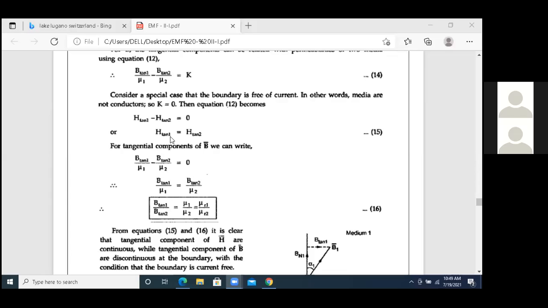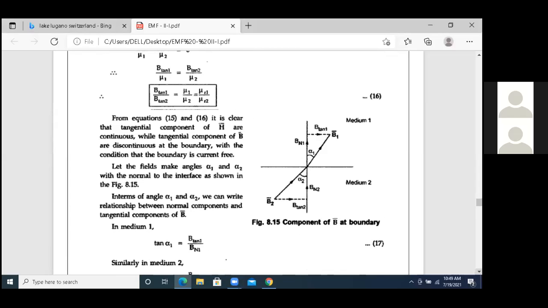From these two equations, this one and this one, you can see that the tangential component of B is continuous at the boundary, while the condition at the boundary is current free.